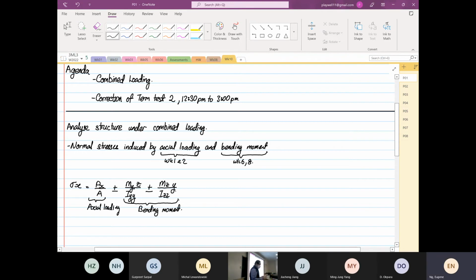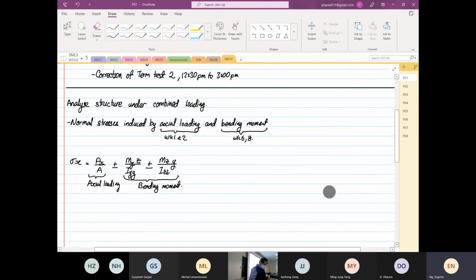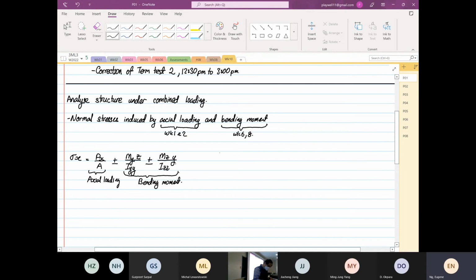If we were to sketch the stress distribution under axial loading, we have our normal stress, and over here this can be our y or z.